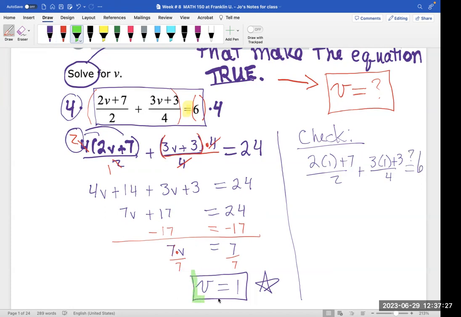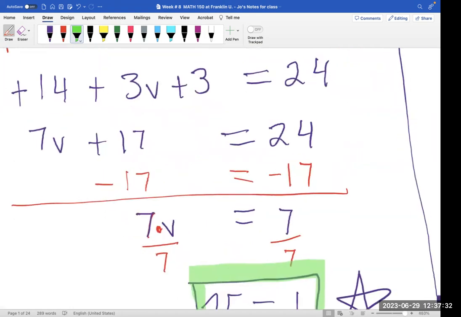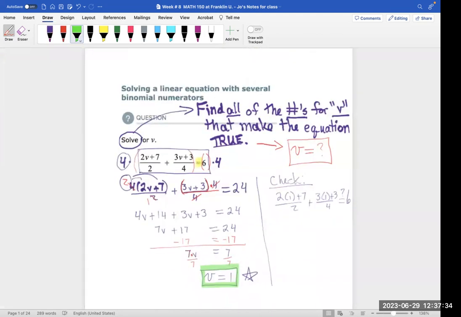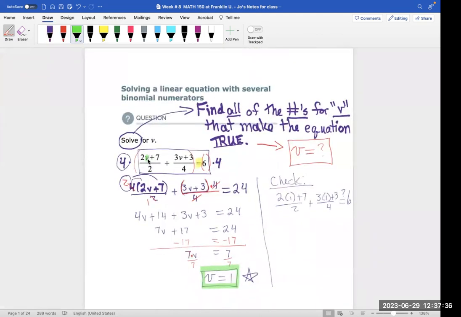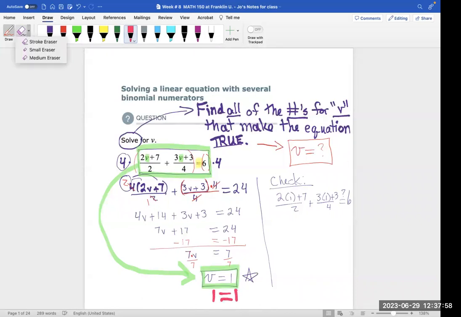When you tell me v equals 1 is a solution, you're telling me that when you substitute the number 1 back into your original equation in place of the variable v, then your original equation will be true. This equation here has the same value as this equation, v equals 1. Well, v equals 1, everybody can tell 1 equals 1. So that's why we stopped there.